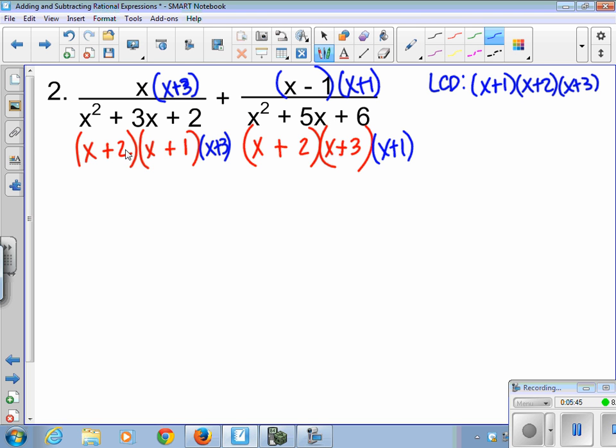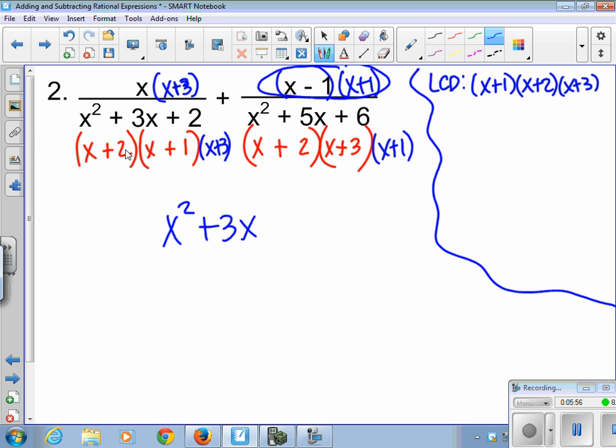And so then if I go ahead and distribute across the top, that's going to be x squared plus 3x from the first fraction. And now these two terms, I'm going to come over here to the side and make this my little scratch work piece. And I'm going to FOIL these out because I need to multiply them.